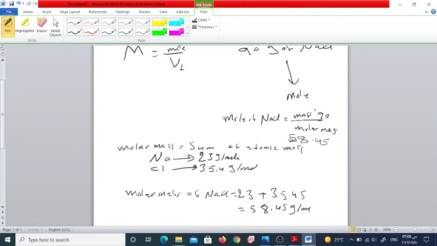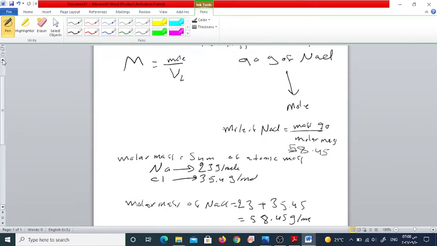Simple division. Let's calculate. I have a calculator with me. 90 divided by 58.45 equals 1.5. So the number of moles we have is 1.5.